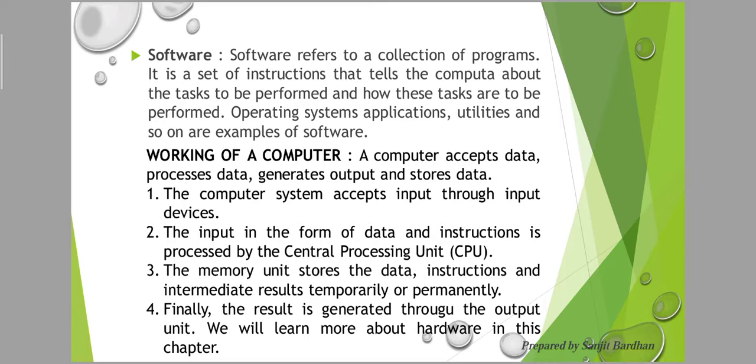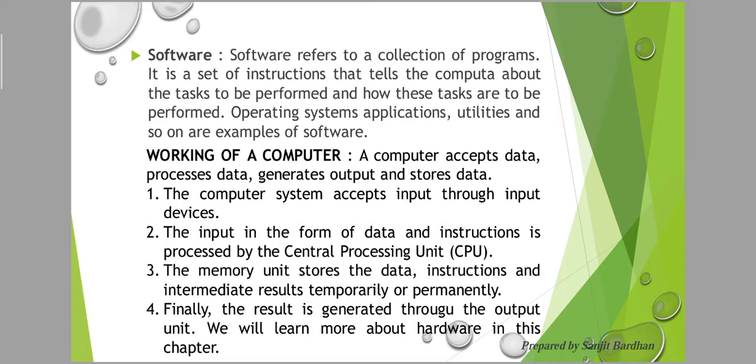Next is software. Software refers to a collection of programs. Mainly software is a set of instructions that tells the computer about the tasks to be performed, and how these tasks are to be performed. So software communicates with the hardware.